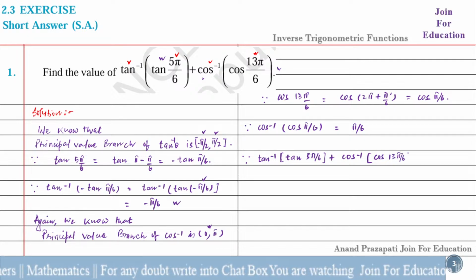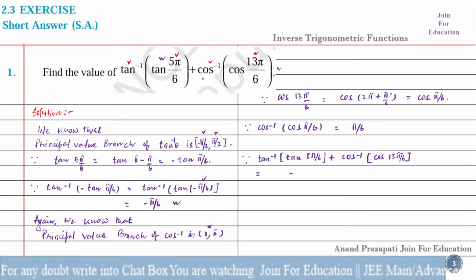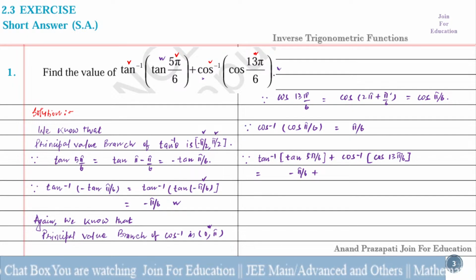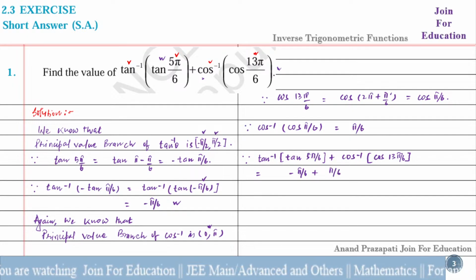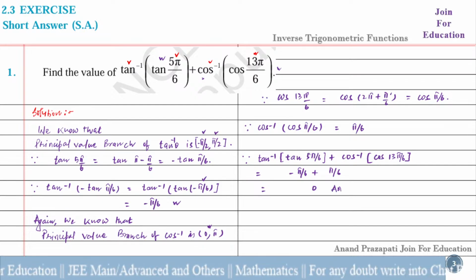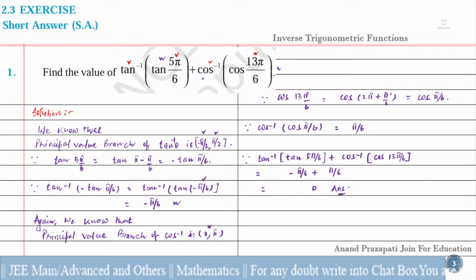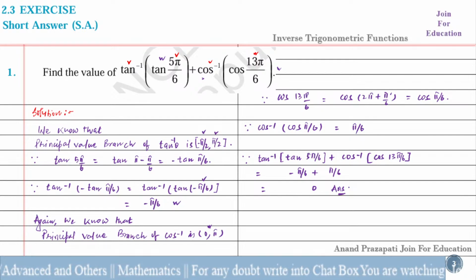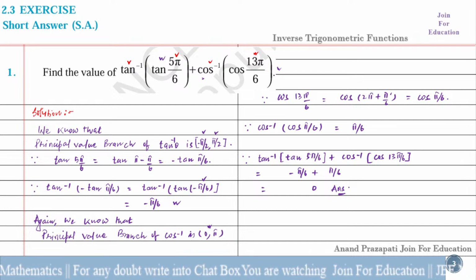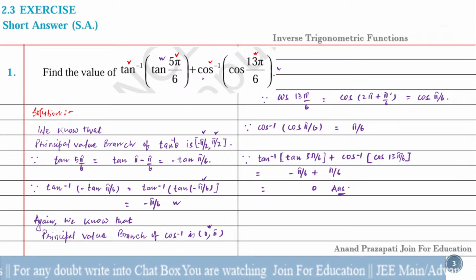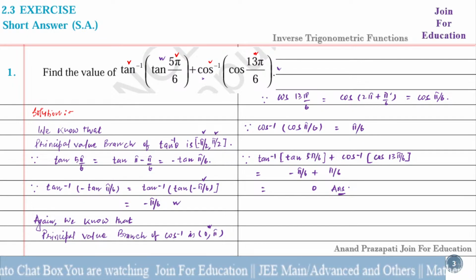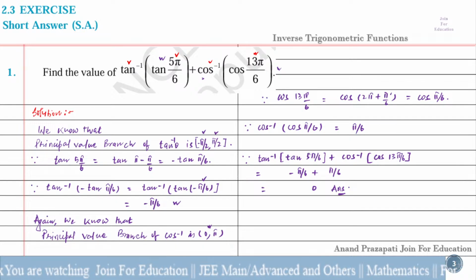From the working it is clear that the value of the first one is minus pi by 6 and the value of the second one is pi by 6. So here will be 0. So the answer of this question is 0. Hope there is no problem to understand the solution of this question. If you have any doubt, write into the live chat box as well as the comment box. I will try my level best to clear your doubt.